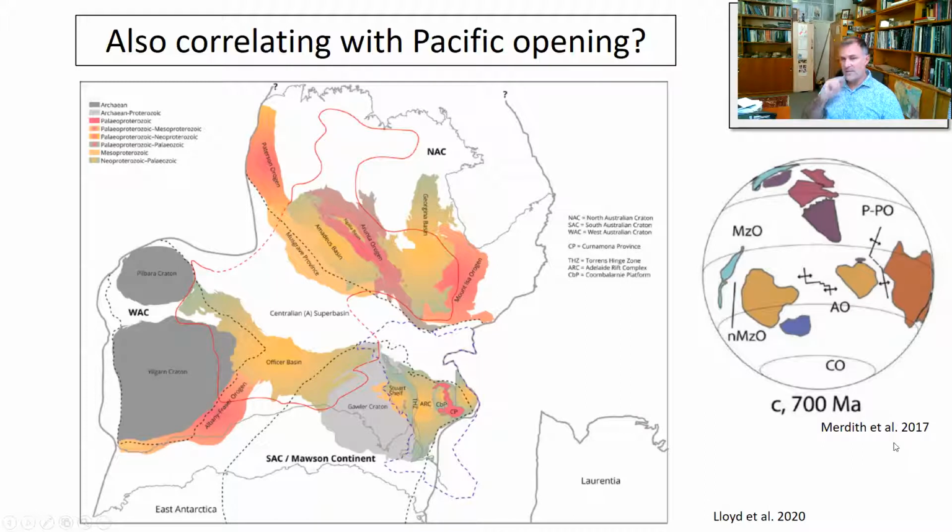Andrew Meredith and our group published a paper in 2017 where we argued that just from kinematic constraints, we really can't have the opening of the Pacific Ocean any later than around 720 million years. Otherwise, it just means we're going to move things too fast and too rapidly.